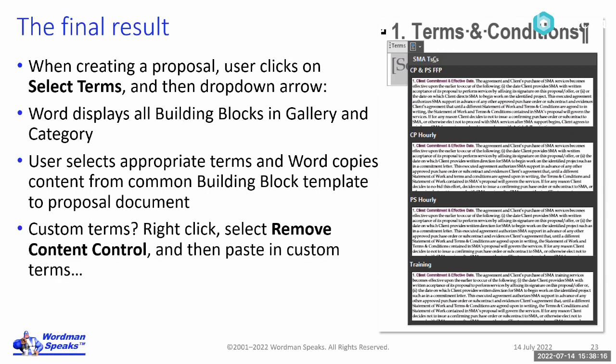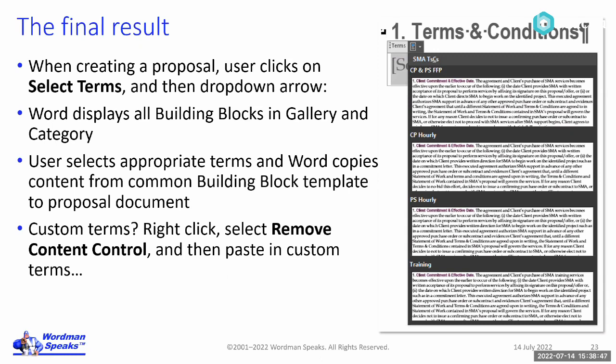If, for example, you didn't want to use one of the building blocks because you had perhaps very specific terms, maybe you've got a master services agreement with that client, you've already decided on terms, and you want to just reference a master services agreement or some similar overarching document, then you can right click on the content control and say remove content control, and it just disappears.